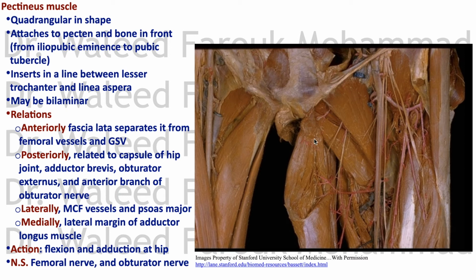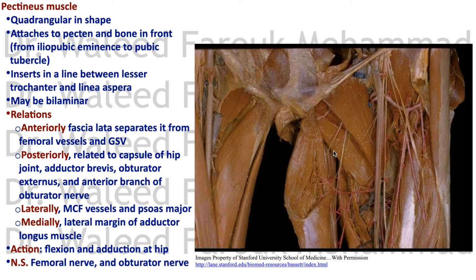The relations of the pectineus: anteriorly there is the fascia lata of the thigh, which separates the pectineus from the femoral vessels and the great saphenous vein. Posteriorly, it's related, as you can see here, to the adductor brevis, the anterior branch of the obturator nerve, the obturator externus, and the capsule of the hip joint.